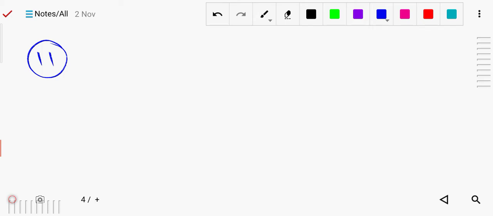For consecutive numbers, the difference between them is only 1.